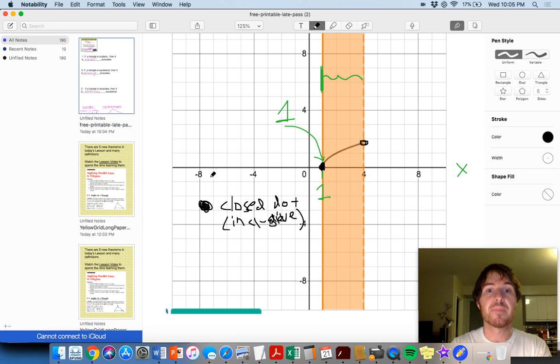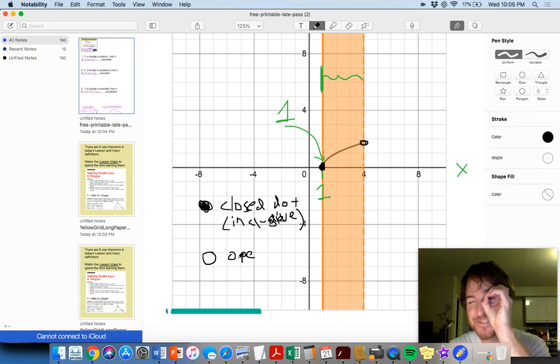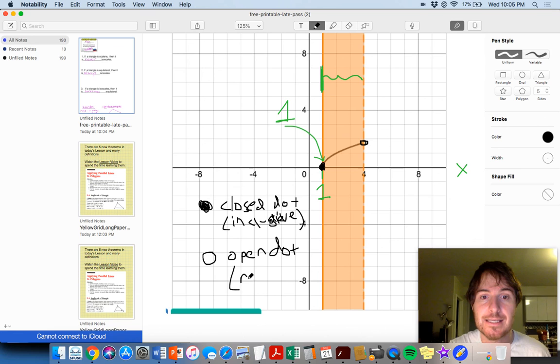Just to give you a little heads up on what will be coming next semester, this is something called an open dot. It's a circle with nothing inside of it. Open dot is something called non-inclusive.